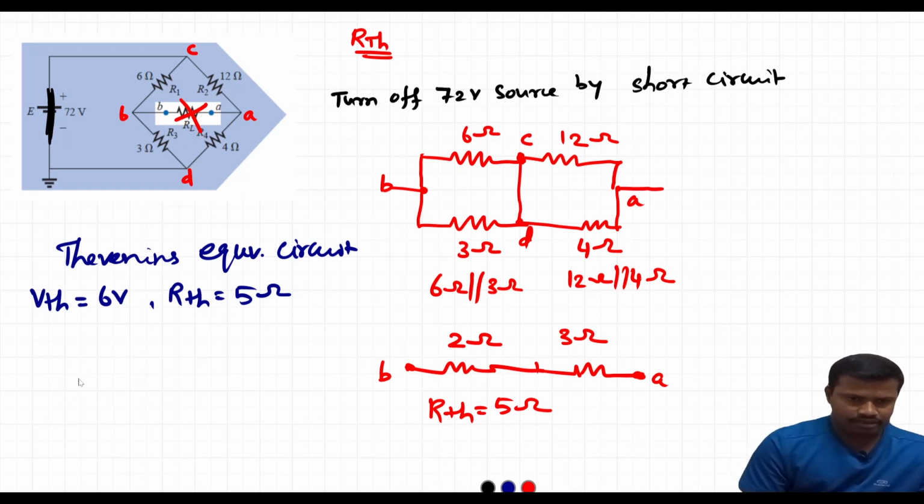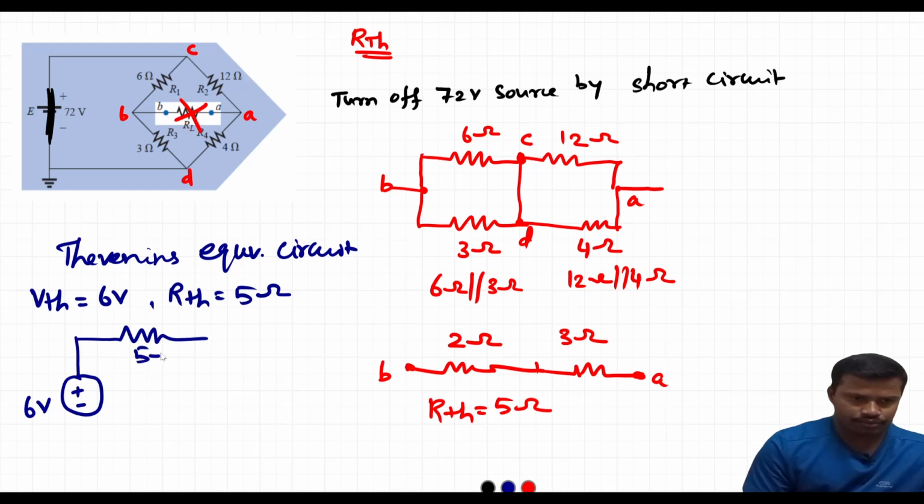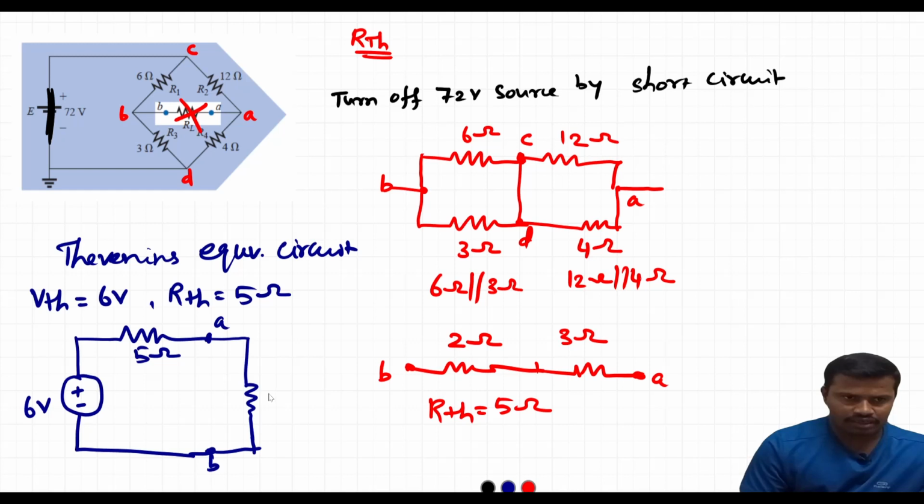So we draw the equivalent circuit: this is the 6 volt source and the 5 ohm resistor, then we mark the terminals A and B. Then we connect the load resistor RL.